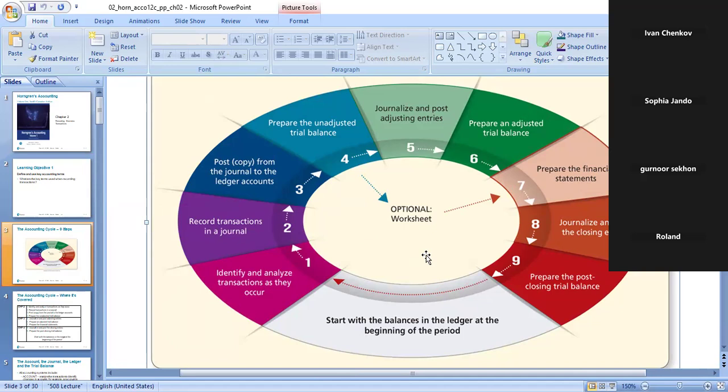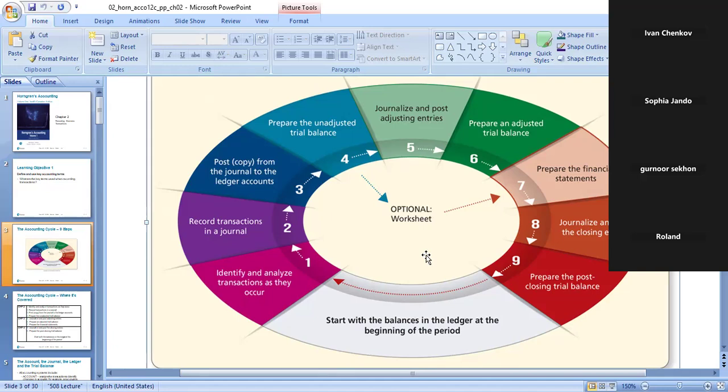If yes, we treat it as a transaction of the company. Then we record it into the journal by using accounts, and for each account, we keep it in the ledger.